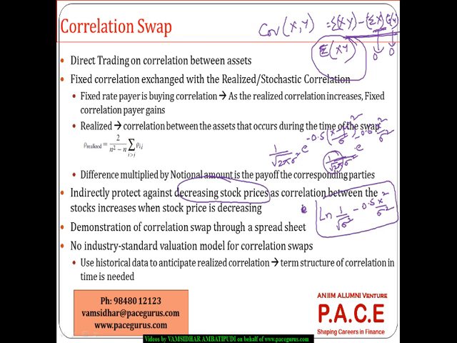And what we see is even today, there is no standard valuation for the correlation swap determining what should be that fixed correlation. Right now, in the example, we have decided that 0.36 is the correlation, but there is no Black-Scholes kind of pricing model to typically value the correlation swap.